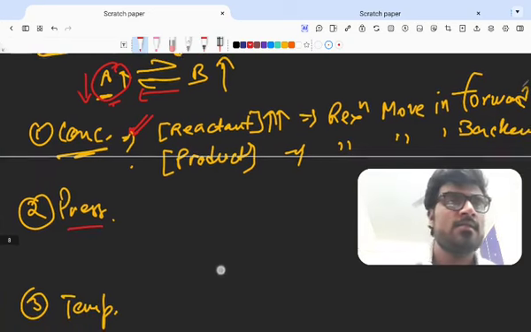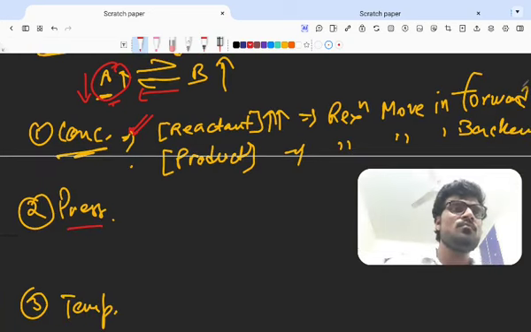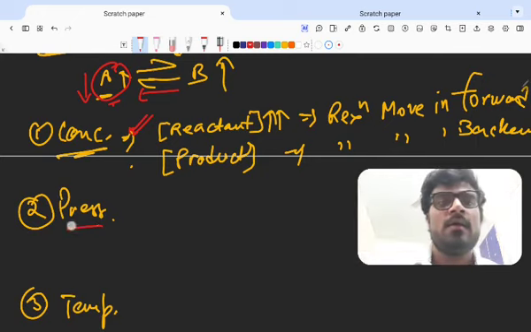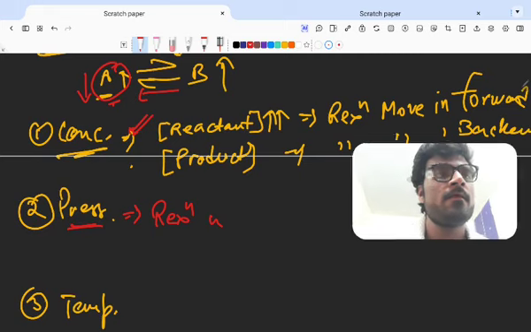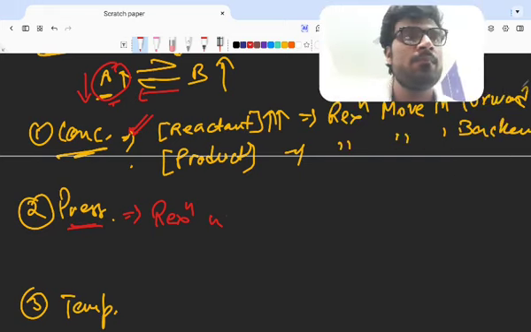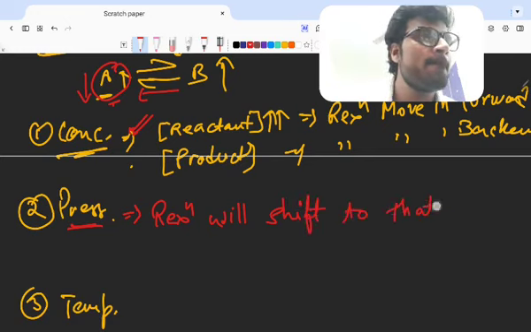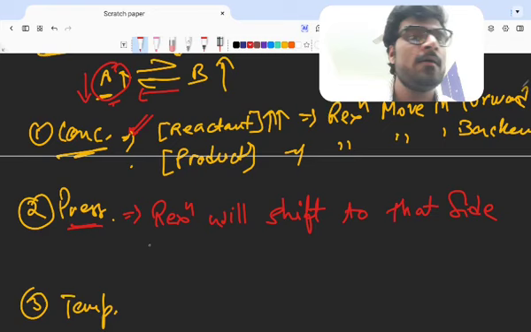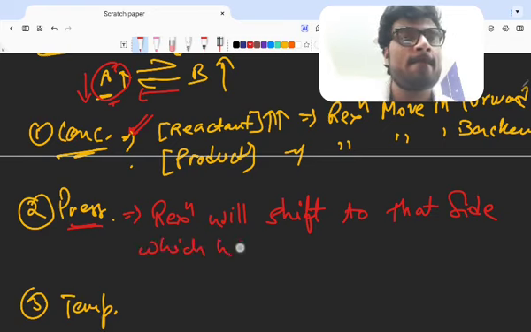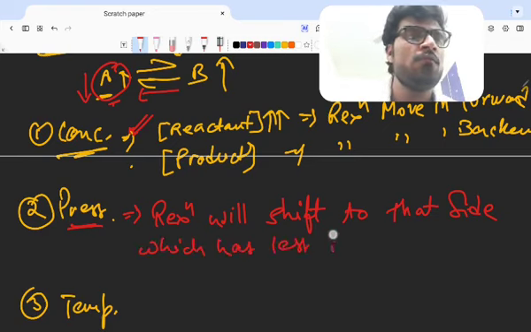But let us just see the other factors that this Le Chatelier principle depends upon. The next point is pressure. A simple line you have to remember: the reaction will shift to that side which has less number of moles.